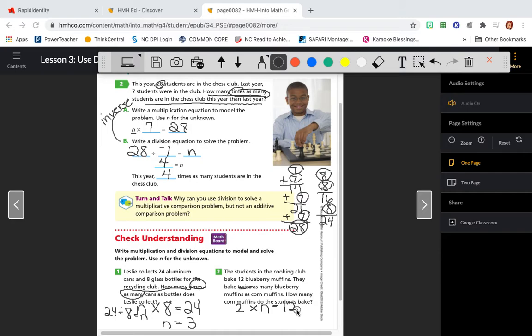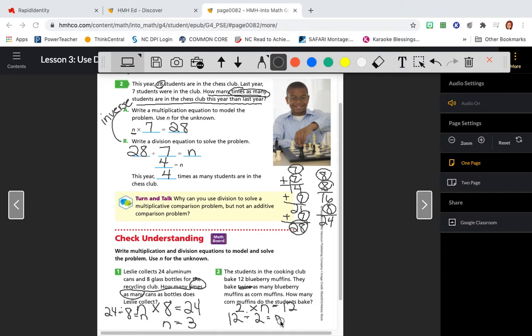So how many corn muffins does she bake? So we need to create a division equation here. Division equation, we're gonna take the numbers that we have. Start with your bigger number and say 12 divided by 2 equals unknown. We don't know what that is.